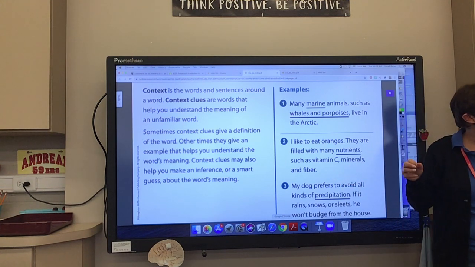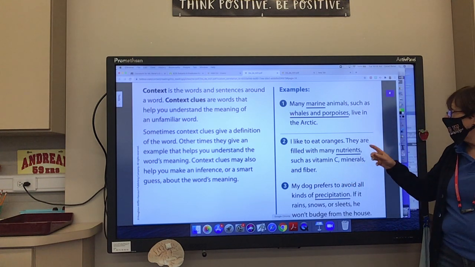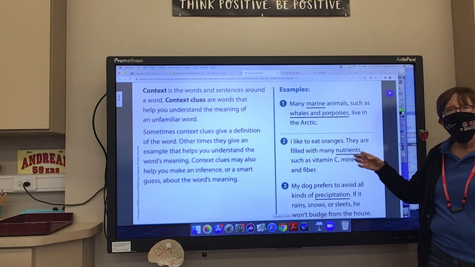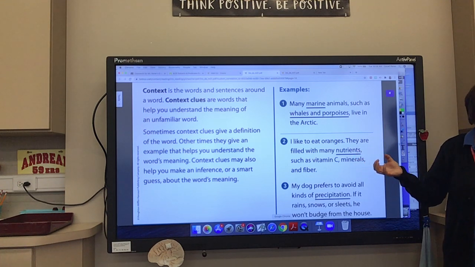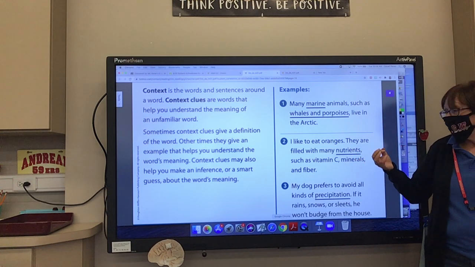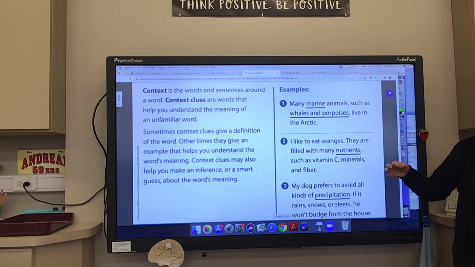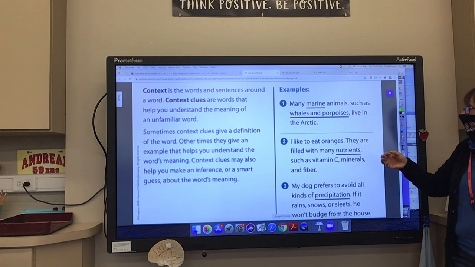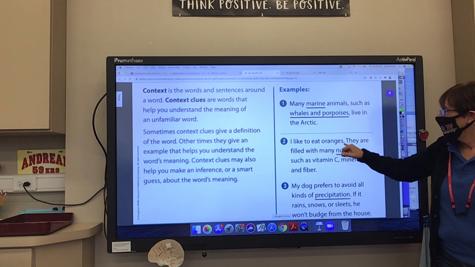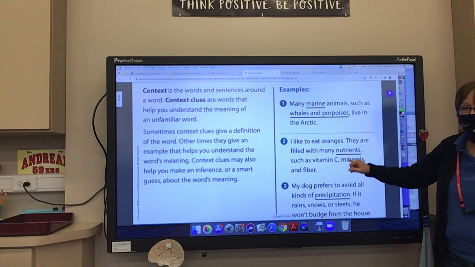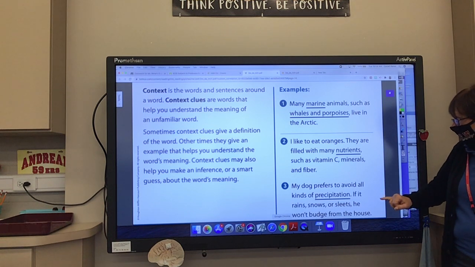So now I know that there are healthy things that have to do with nutrition. So now I have an idea of what nutrients are. They're the healthy things in foods, right? That are good for us.